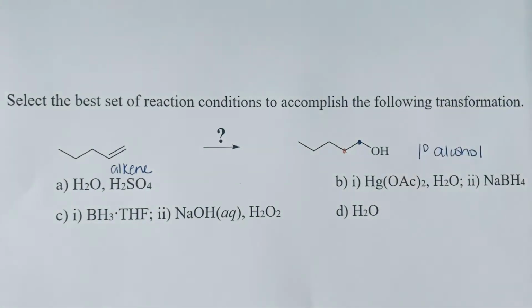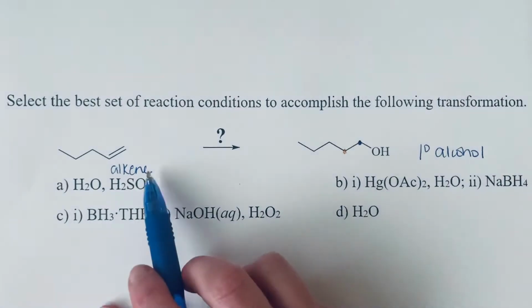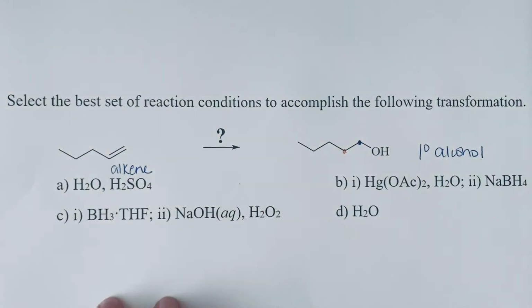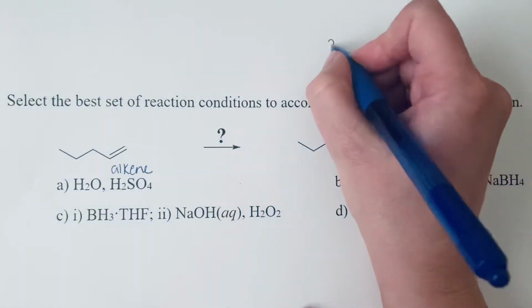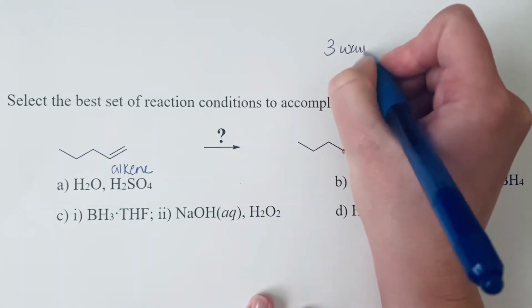And so what we want to do is think about the different reaction conditions that we know can take an alkene and transform it into an alcohol. We have learned 3 different ways to take an alkene and make an alcohol.